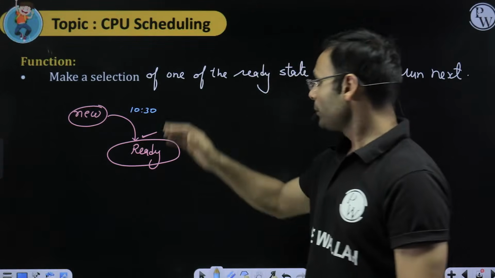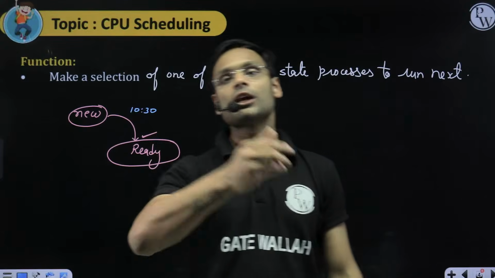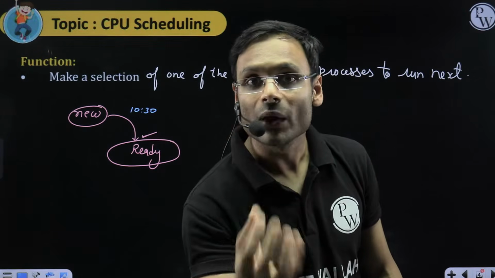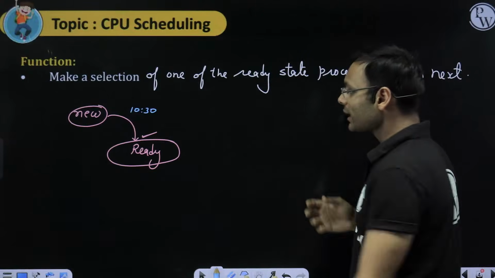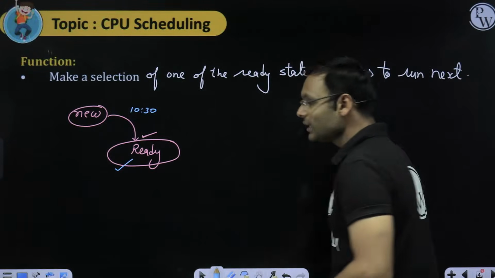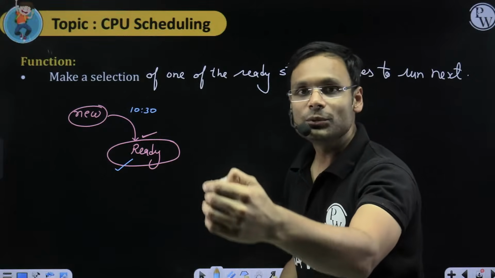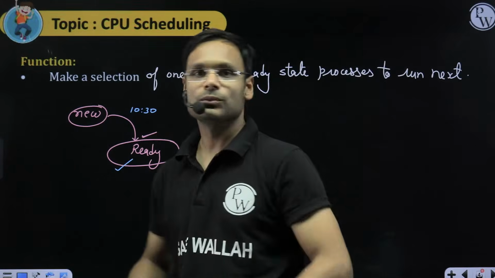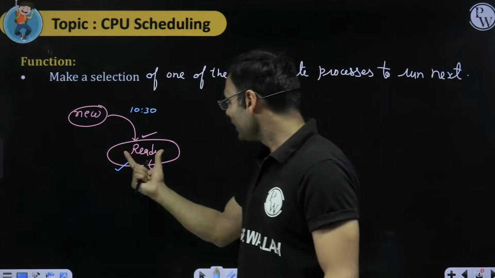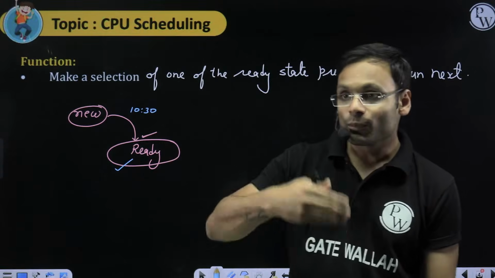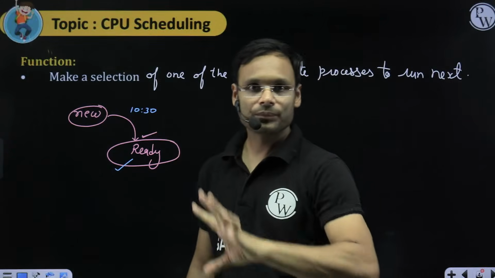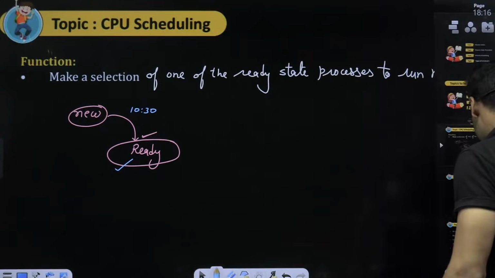No. When a process arrives, if some other process is running on the CPU, then this process will have to wait. Wait where? In the ready state, so that when the other process leaves the CPU, my chance will come and I will run on the CPU. So how much time is it waiting in the ready state? That is the waiting time.